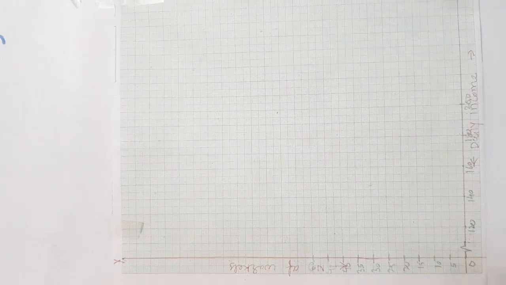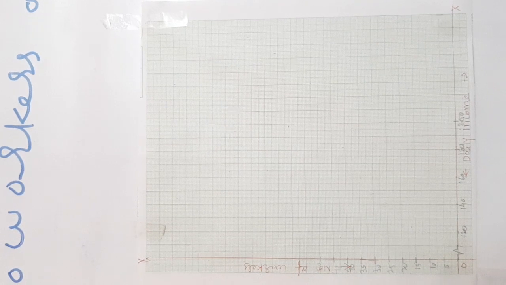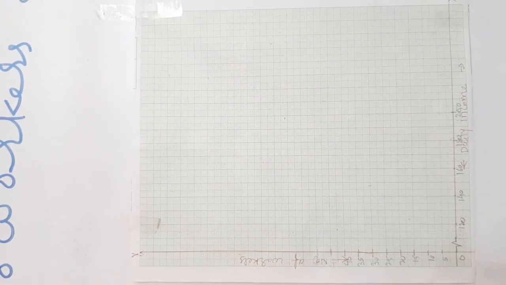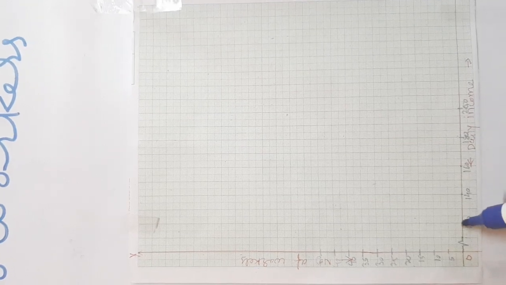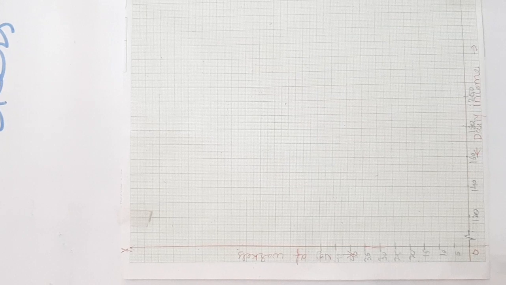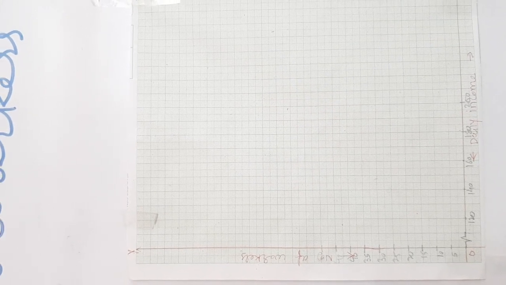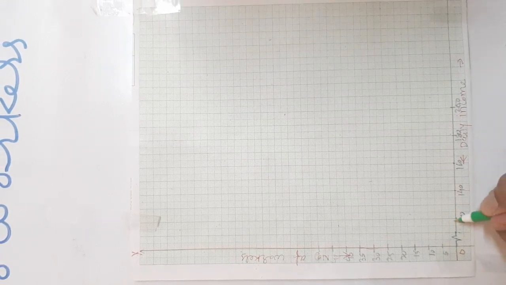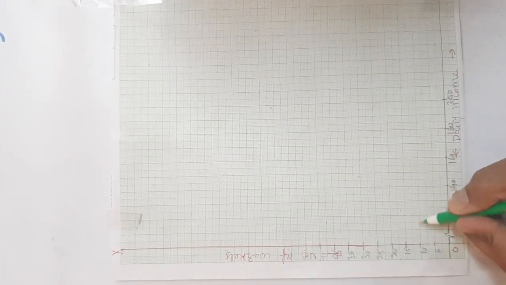Now I'll plot it. First is 120, 12. This is 120. Now I will take a pencil and show you how to do it. This is 120 and this is 10.